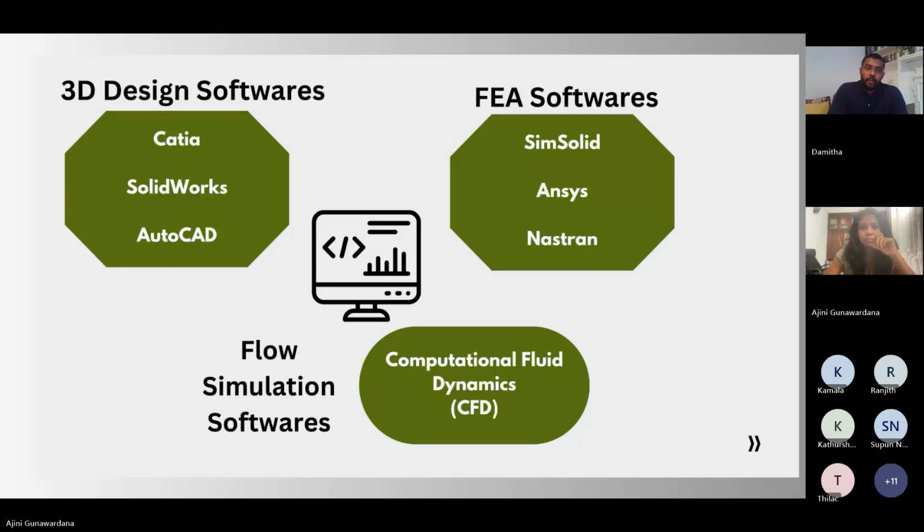And then for fluid dynamics, I think ANSYS has a good fluid dynamic flow simulation software, and so does SolidWorks, which honestly I haven't done much of. But if you have a working understanding of any of them, it's good.